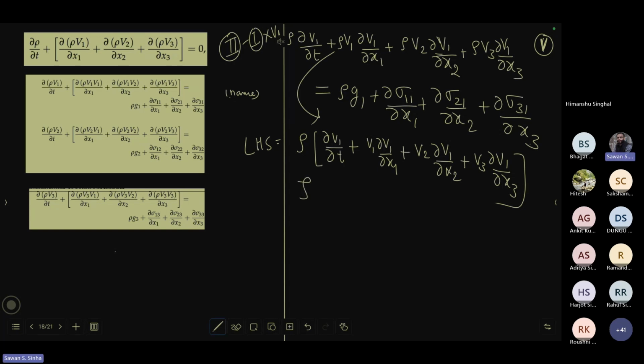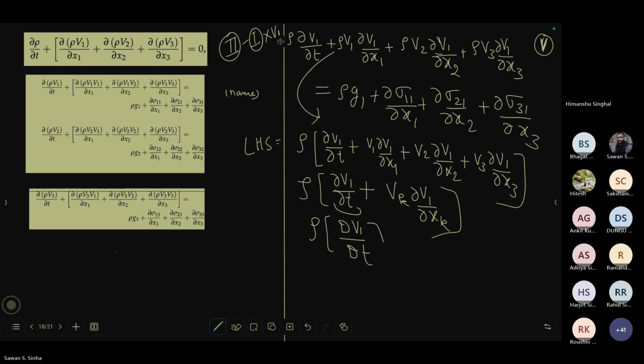The nice thing about this left hand side is it has an operator we are very familiar with. The advection operator has come on the left hand side. And there is a partial with time also, so I can write this as dV1 dt. So my V1 equation looks somewhat simpler than the previous one.